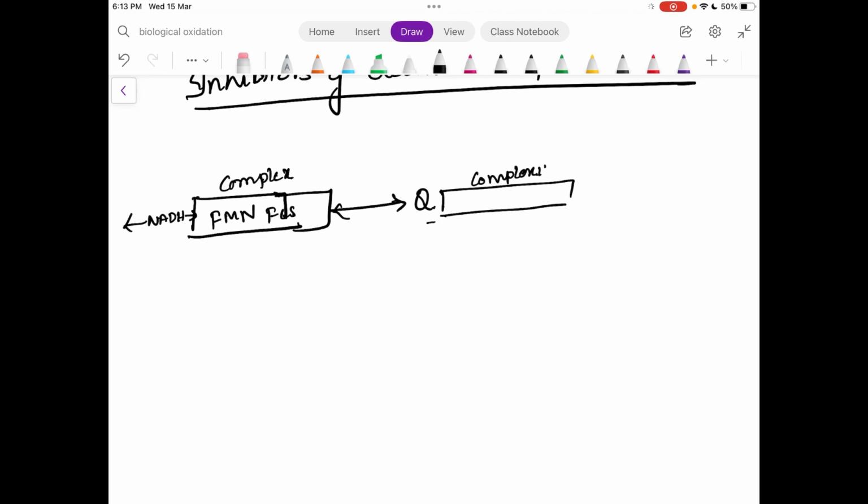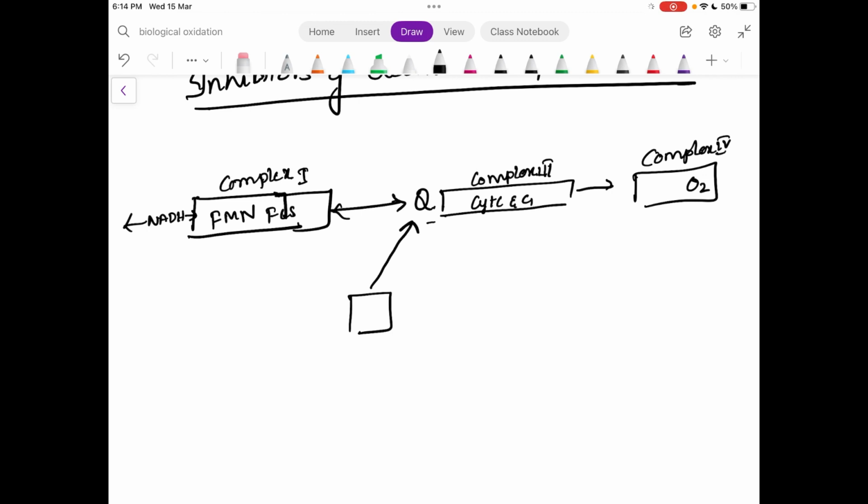Complex 2 will transport electrons to Q, and this complex will transport electrons to complex 4. This complex 4 will have oxygen, cytochrome C and C1, and this will have FAD and FeS.